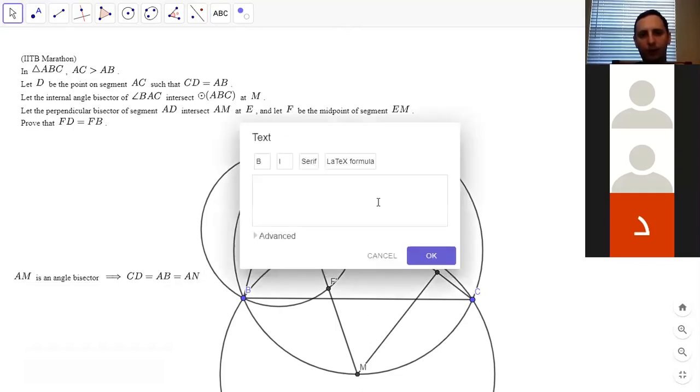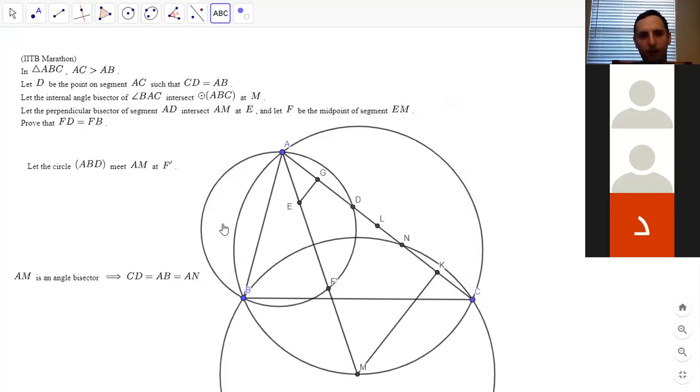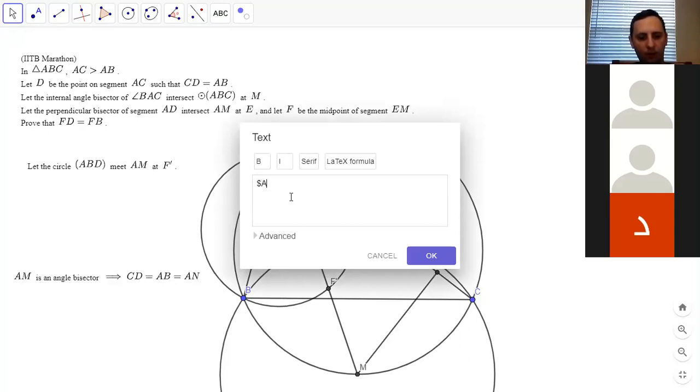So first, I'm just going to write up the ideas in the problem. So let the circle ABB meet AM at F prime. And then basically, we have AB is equal to CD and BF is equal to F prime B. So AB equals CD, BF equals F prime B, and then the angles are also easy to see it's equal.